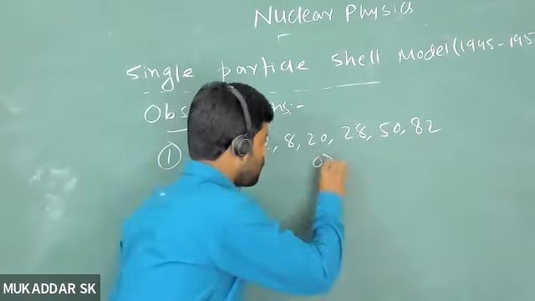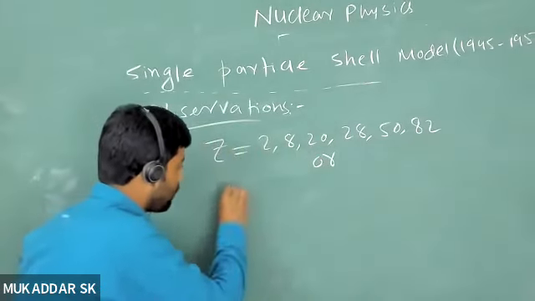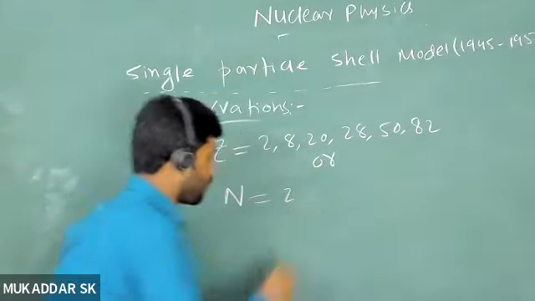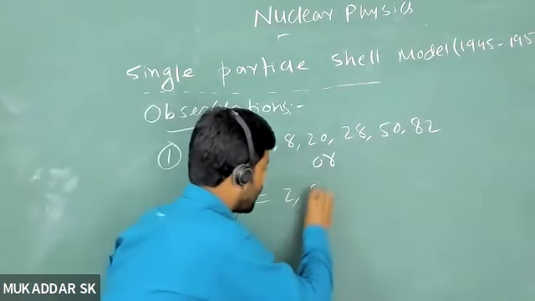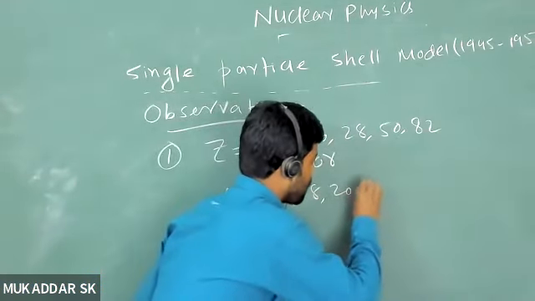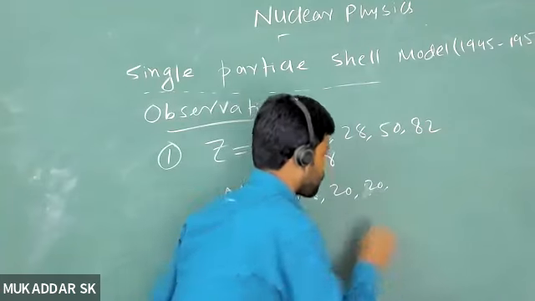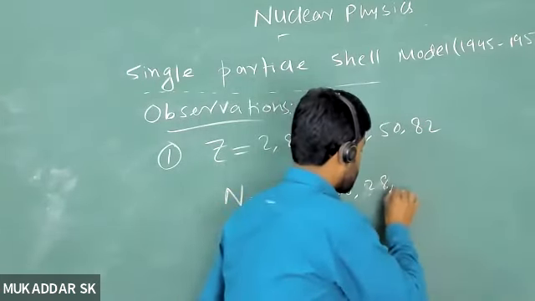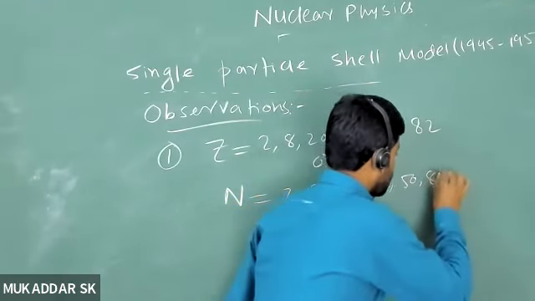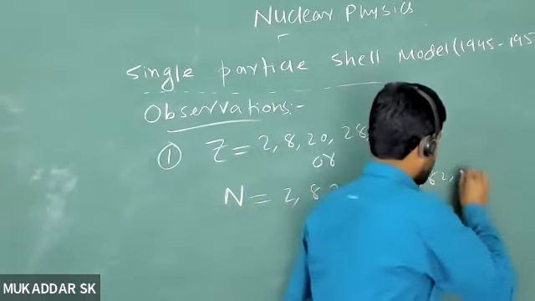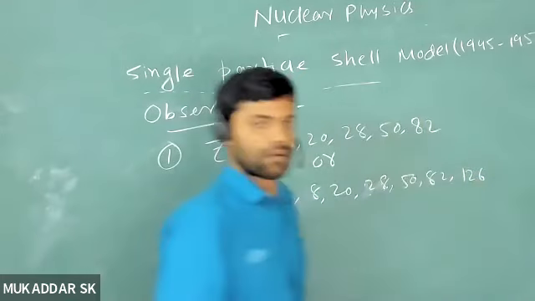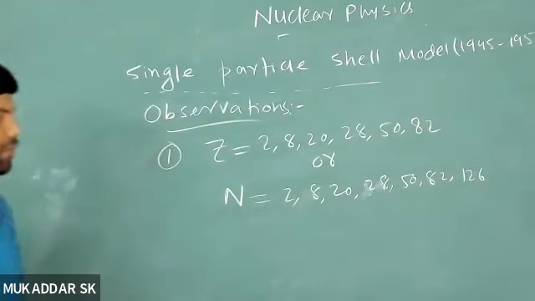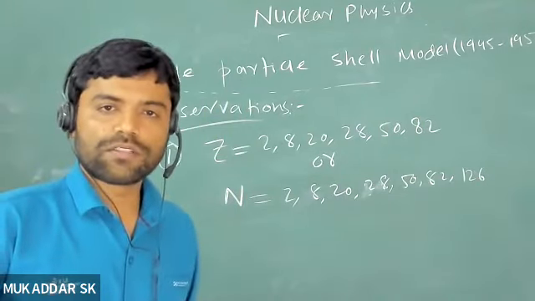Also, if any nuclei contain neutron number like 2, 8, 20, 28, 50, 82 or 126, they are also found to be most stable.